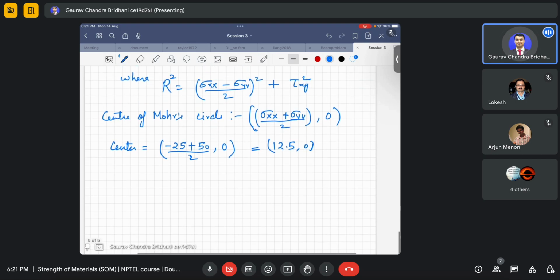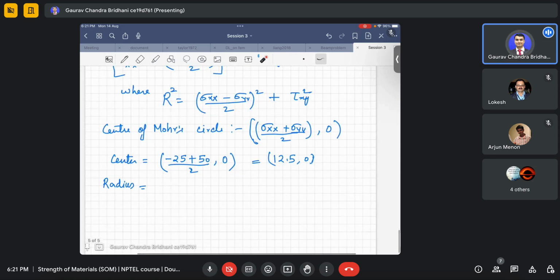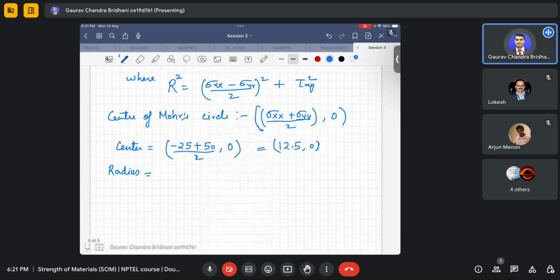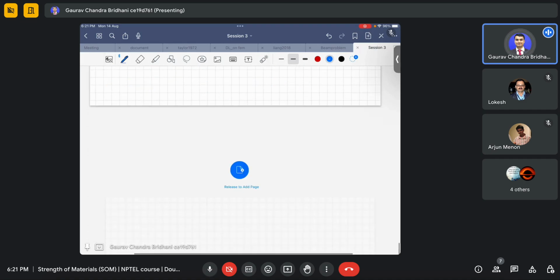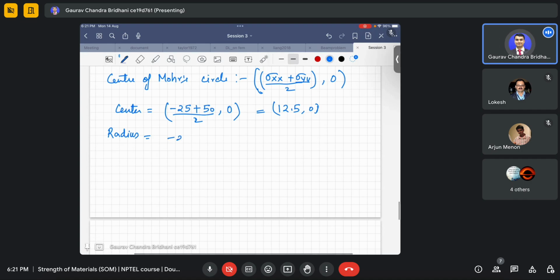Now the radius. You know the expression for radius. This is R squared, so R will be the square root of this value. Let's first find this value: sigma xx minus sigma yy, that is minus 25 minus 50, divided by 2, whole squared, plus tau xy squared.